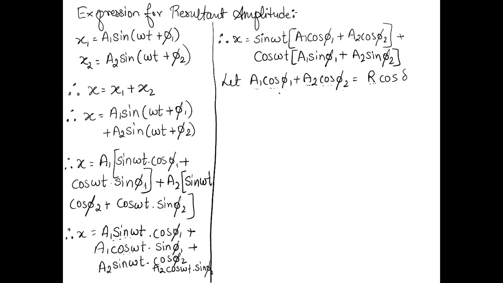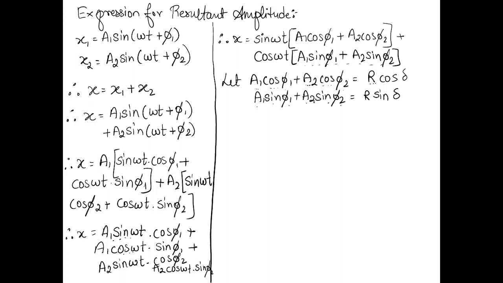So this is R cos delta. Similarly, I can consider the next bracket: a1 sine of phi 1 plus a2 sine of phi 2 is equal to the amplitude again, times sine delta, where delta is the resultant phase.